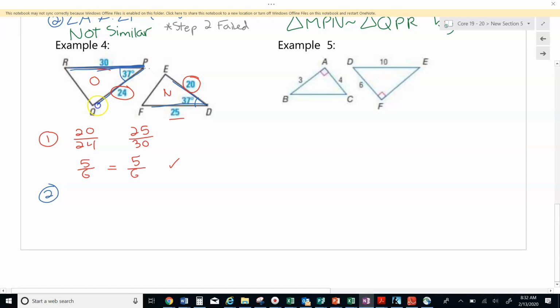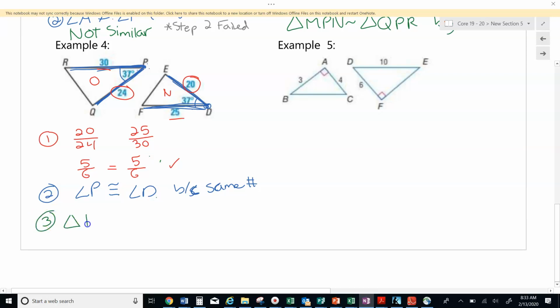This 30 side and this 24 side meet at P. So I have to use angle P. This side and this side meet at D. So I have to use angle D. Looking at angle P and angle D, I'm going to say yes, those are congruent because, hey, look, they have the same number. So yes to my sides, yes to the angle between them. Great, I can say these are similar.